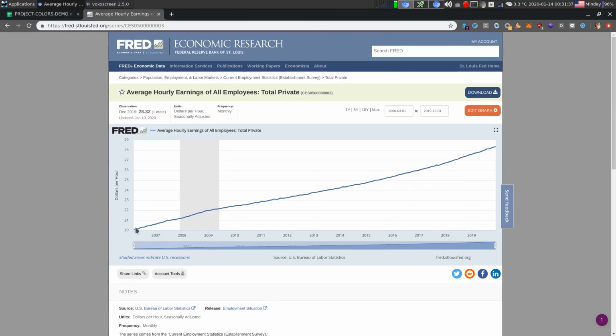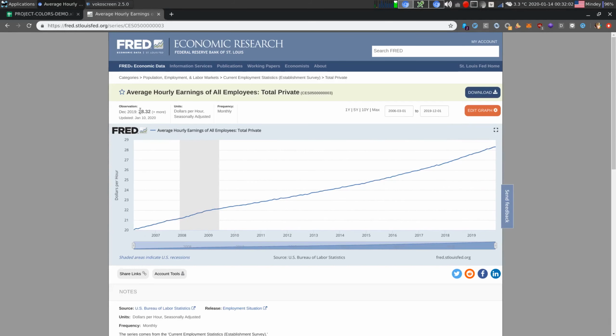For example, the exchange rate between one hour and the dollar has been steadily rising since 2006, when it was $20, to 2019, which is $28.32. It's not fluctuating, it's not jumping around, it's a very clear relationship.